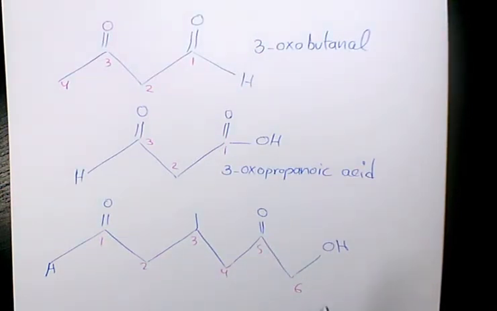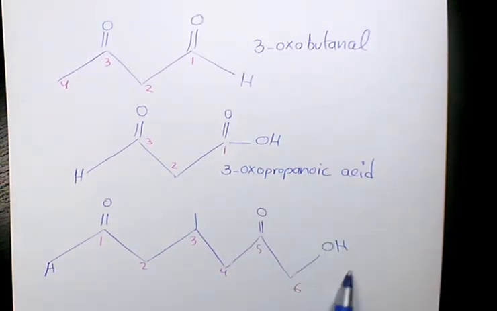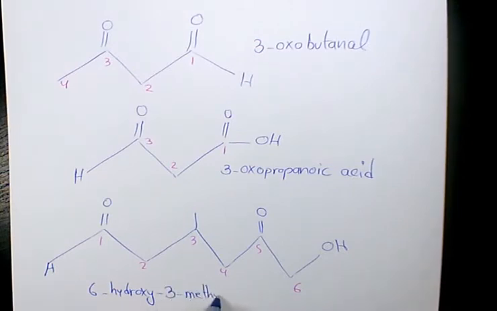So we have substituents, we have 5-oxo, and 6-hydroxy, and 3-methyl. M, H, and O. So we have 6-hydroxy, 3-methyl, 5-oxo, hexanol. It's going to be the name of this organic compound.